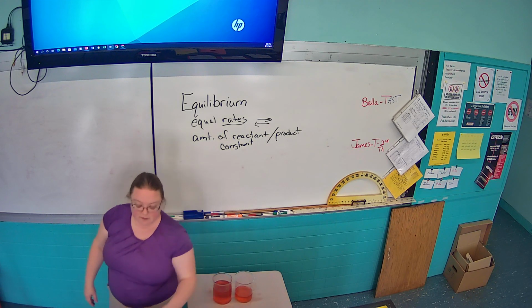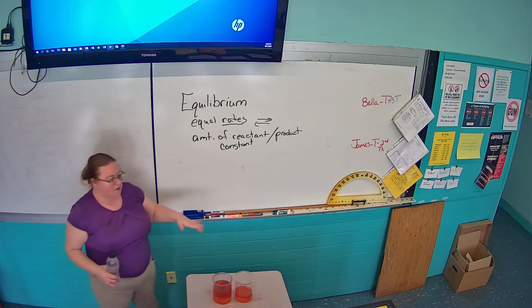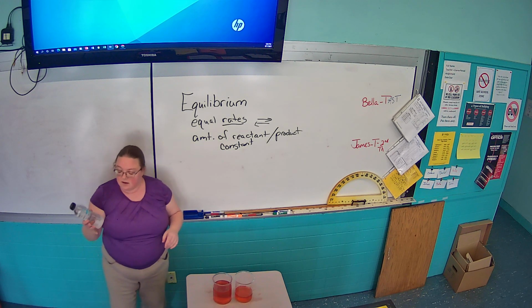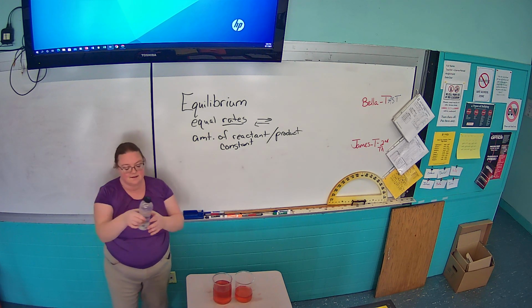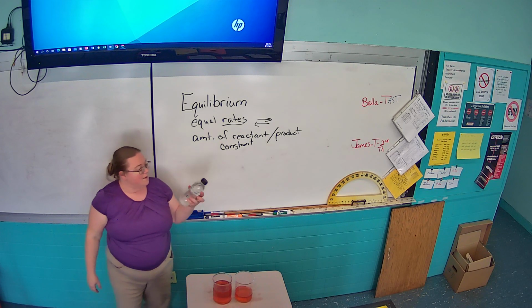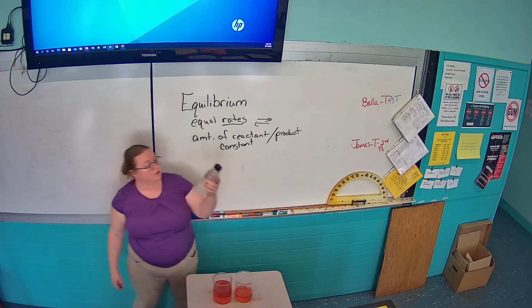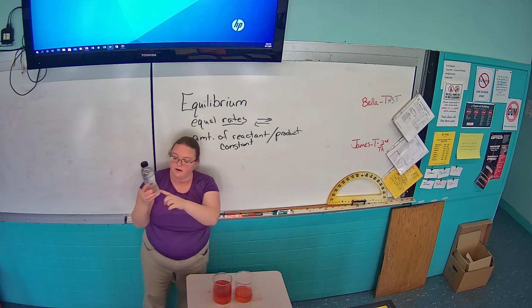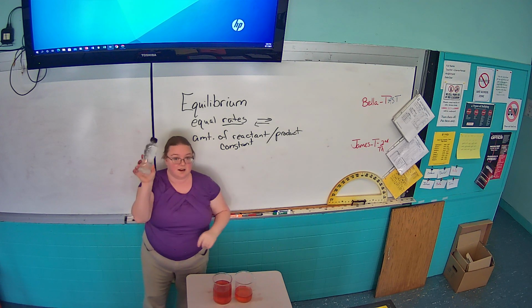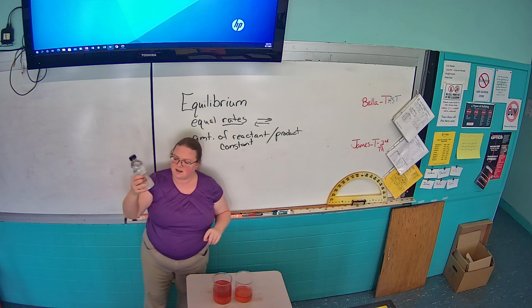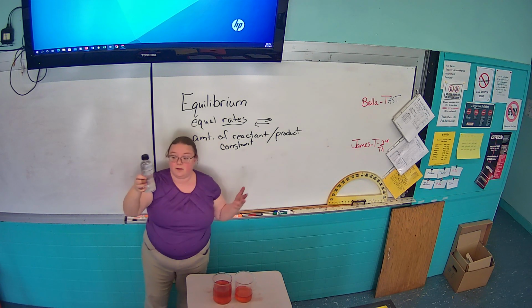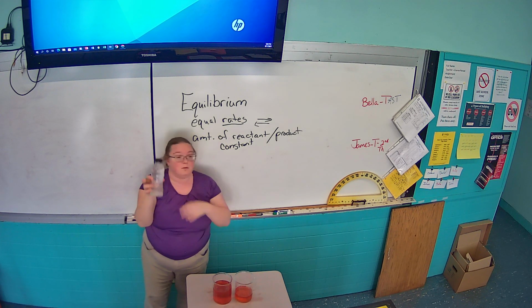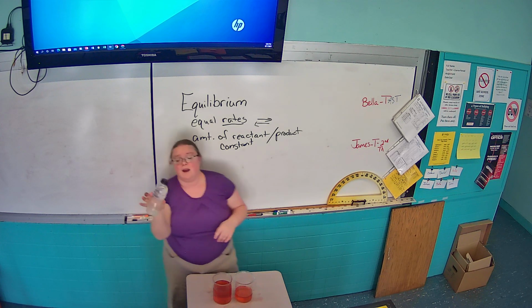Now, chemical reactions can reach equilibrium, and we'll be looking at those a lot, but physical processes can as well. You might remember talking about saturated solutions earlier in the year. And I had this container of salt water that still has some salt sitting on the bottom. And I told you that this salt water has been in this bottle for a few years. And if any more could dissolve, it would have dissolved by now.